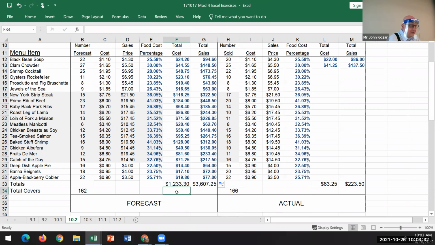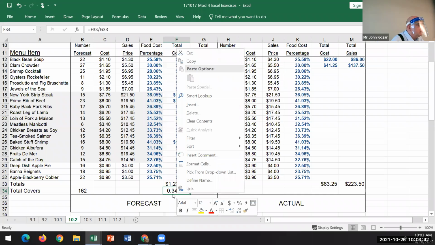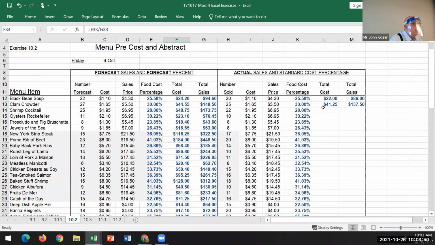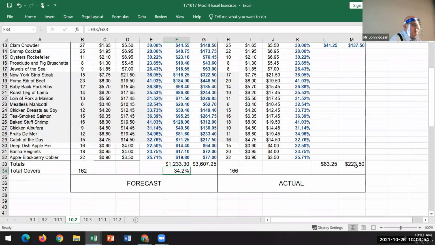I'm just going to divide the food cost by the food sales. It comes up to 34.2. And for the actual, you just do the same thing and calculate the food cost percentage based on the actual.